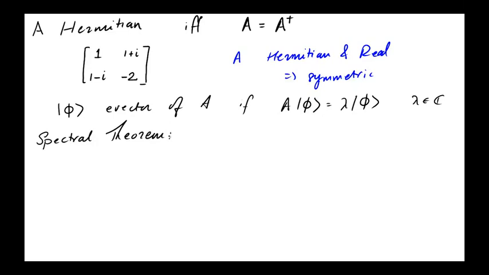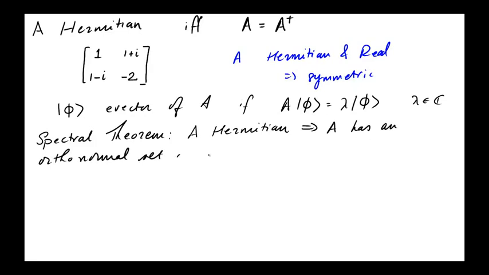So what the spectral theorem says is that if A is Hermitian, it implies that A has an orthonormal set of eigenvectors with real eigenvalues.